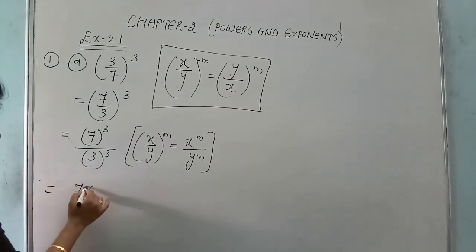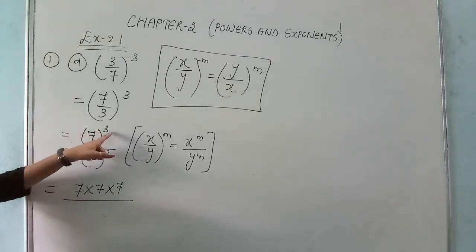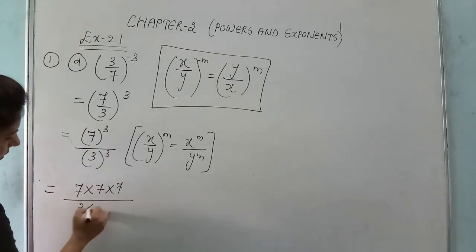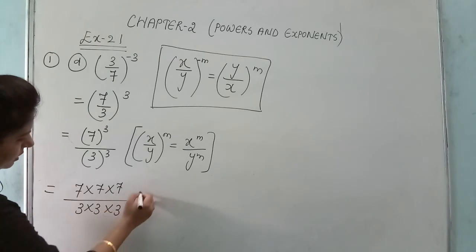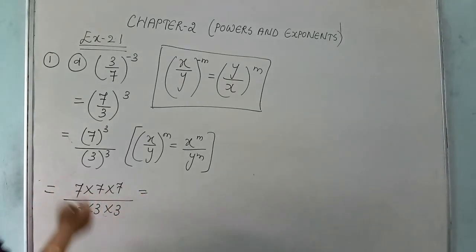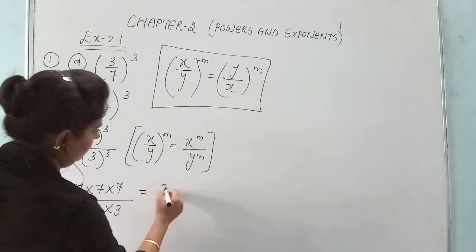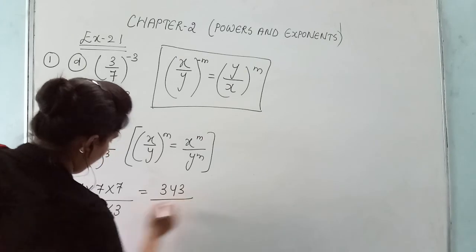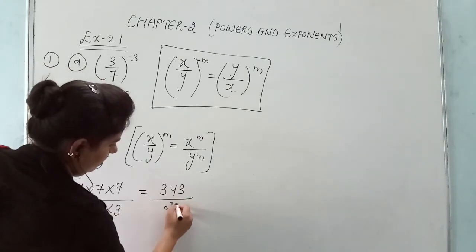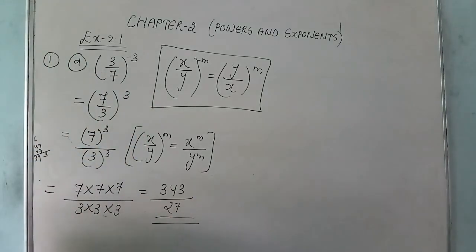This will be equal to 7 into 7 into 7. 7 cube, it is raised to power 3, so we will multiply it 3 times. 7 sevens are 49. 49 into 7 will be 343. 343. 3 threes are 9. 9 threes are 27. So this will be our answer.